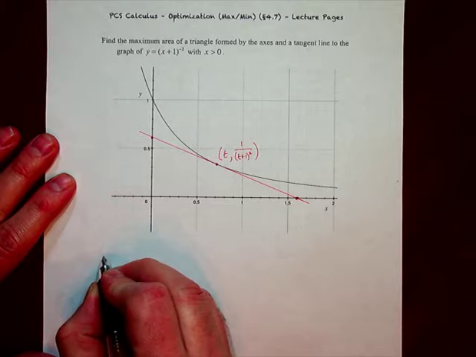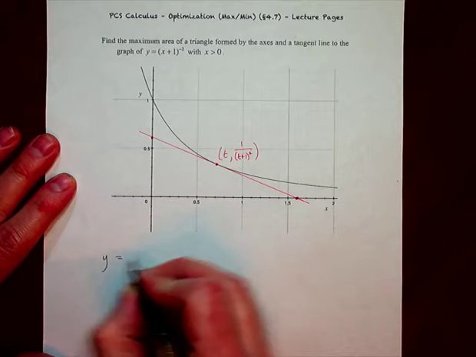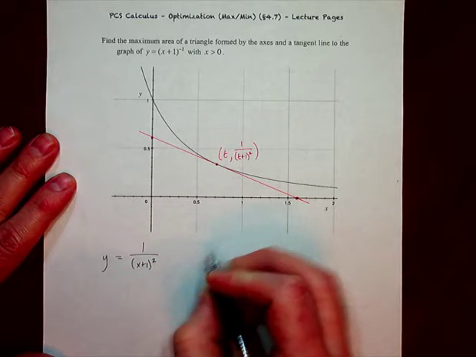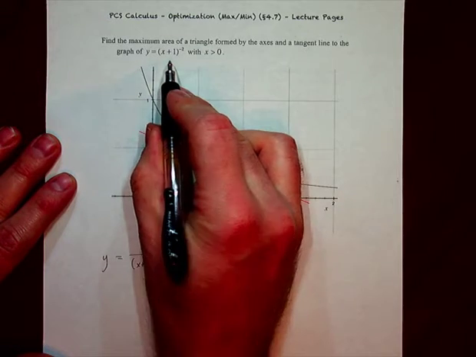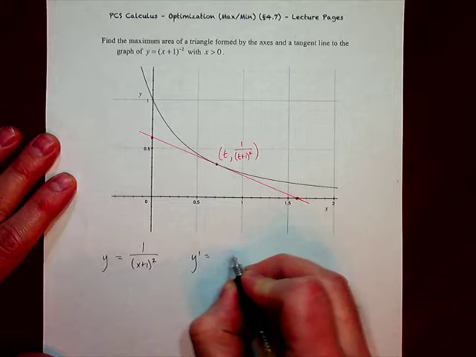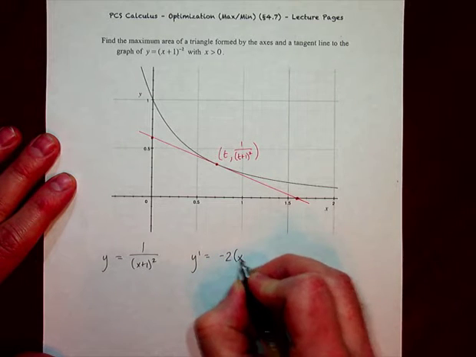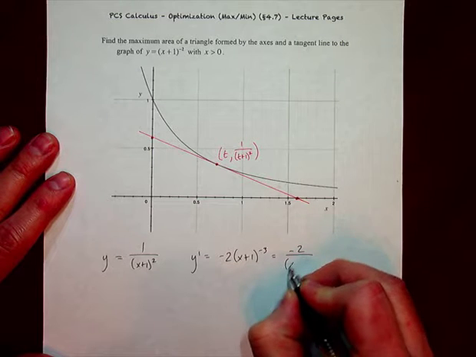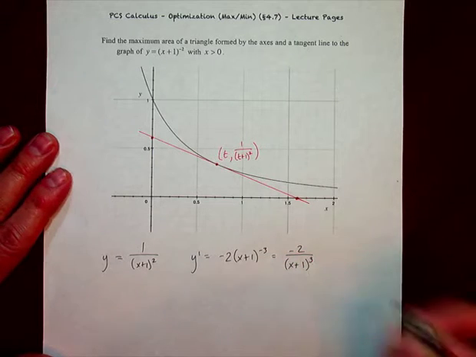If y is equal to 1 over x plus 1 squared, or of course this is probably the better way to take it, y prime is negative 2 times x plus 1 to the negative 3, or negative 2 over x plus 1 cubed.